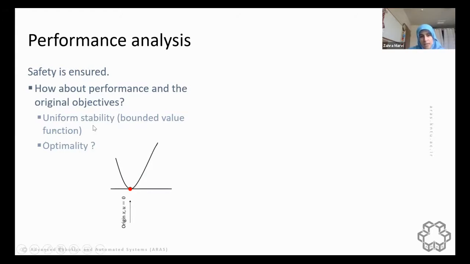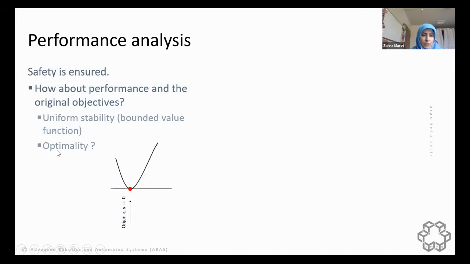Here we can show that the stability of the system is guaranteed because, in the RL framework, typically the value function is taken as a Lyapunov function, and it is shown that it remains bounded. Therefore, the system doesn't become unstable. But that was kind of the minimum requirement. We were interested in having optimality.